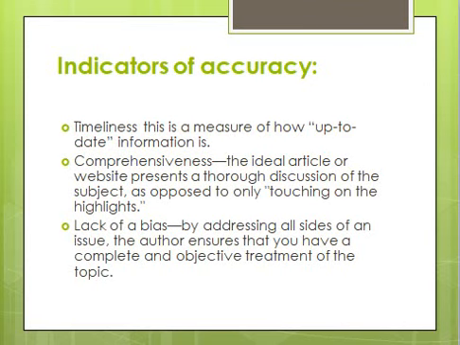Another indicator is comprehensiveness. Comprehensiveness deals with how completely a topic is covered. Of course, the ideal article or website presents a thorough discussion of the subject as opposed to only touching on the highlights.